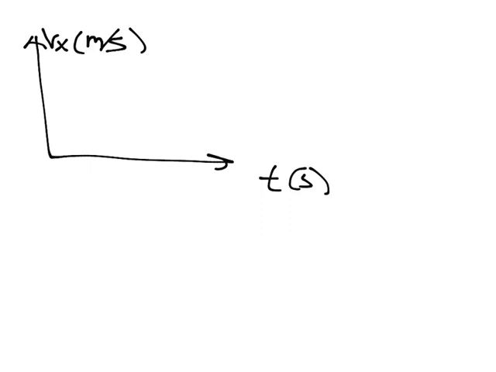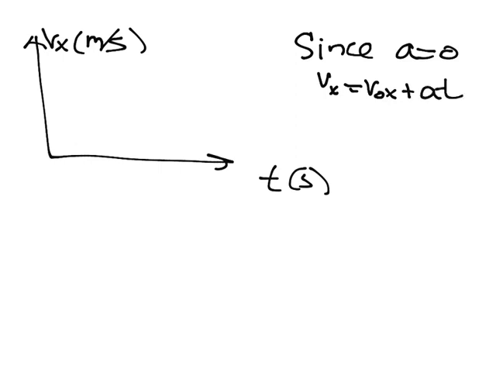Okay, since a equals 0, Vx equals v naught x plus at, and basically Vx equals v naught x, which is a constant.